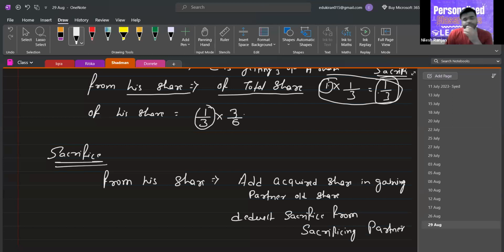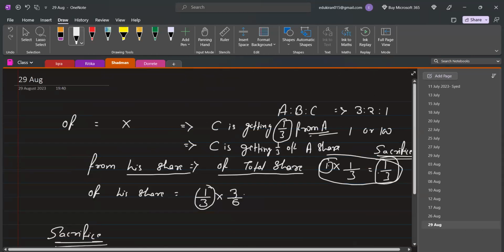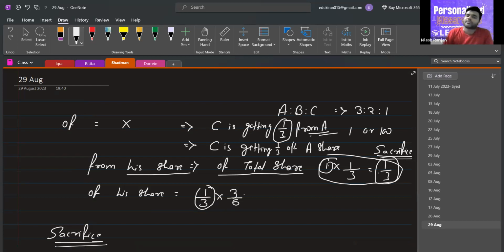Is this clear? Sir, where did 1/3 come from? 1/3 I have given as an example. It will be mentioned in the question. So I have written 1/3 from A, 1/3 of A's share.